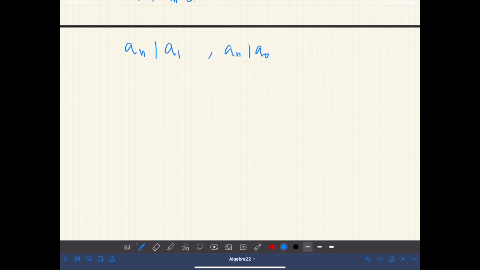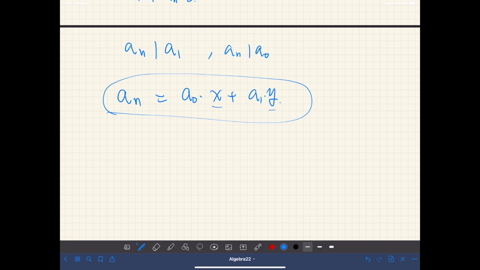Next, if we can find some integers x and y such that this equation holds, then from the previous theorem we can claim that An is indeed the greatest common divisor of A and B, that is A0 and A1.